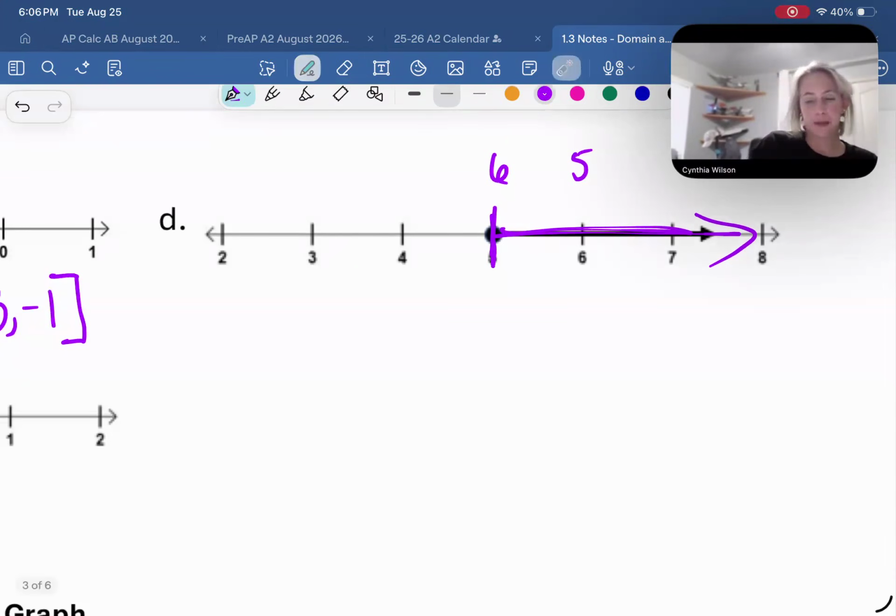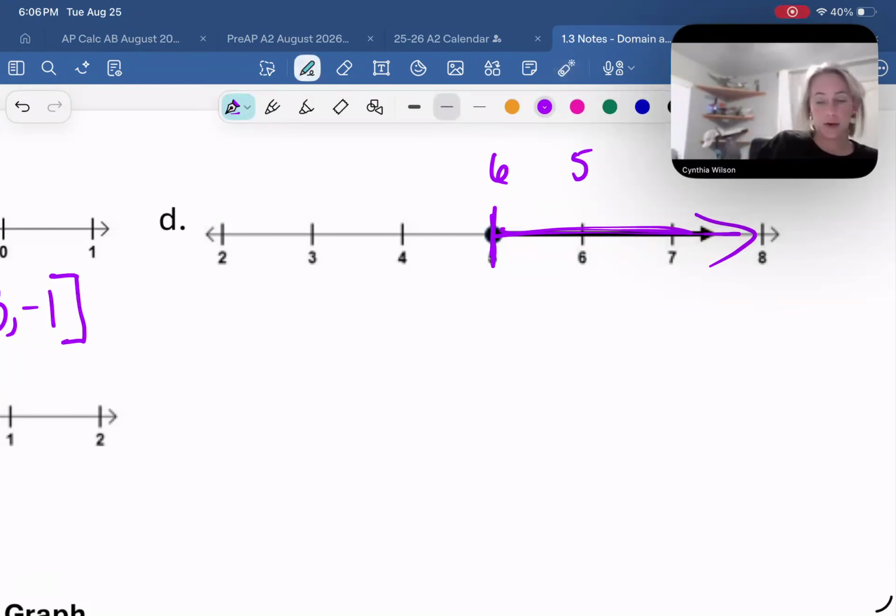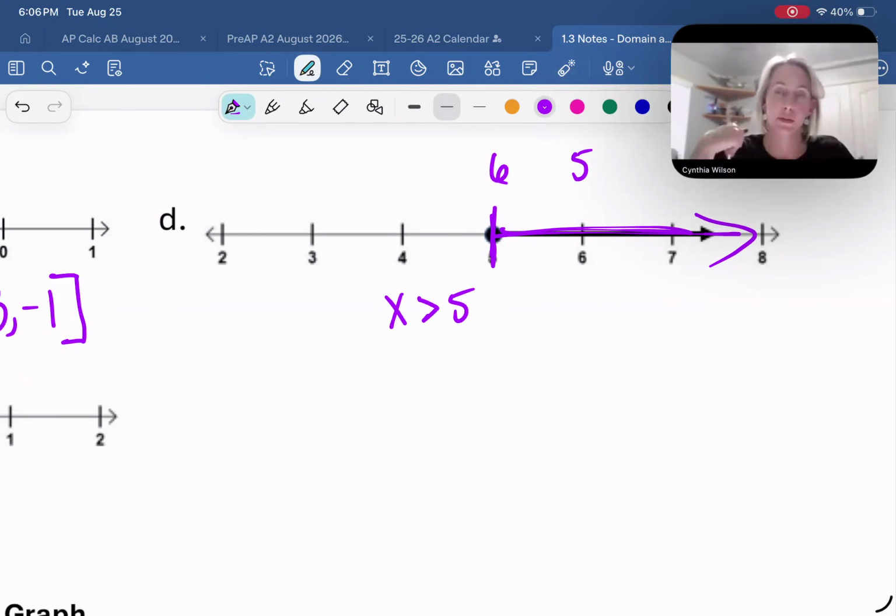Good. So that means all these x's on that side of the 5 have to be greater. So our inequality notation: x is greater than 5. Okay, what does it need with it though?